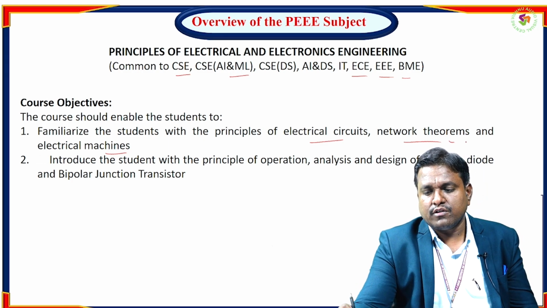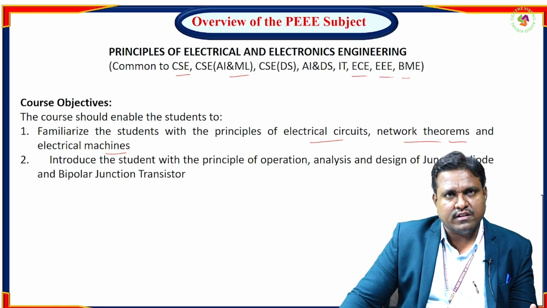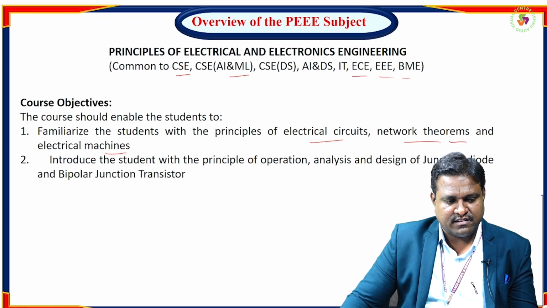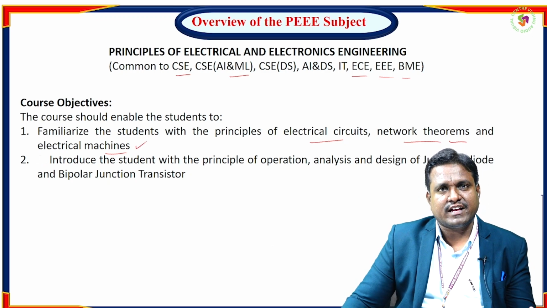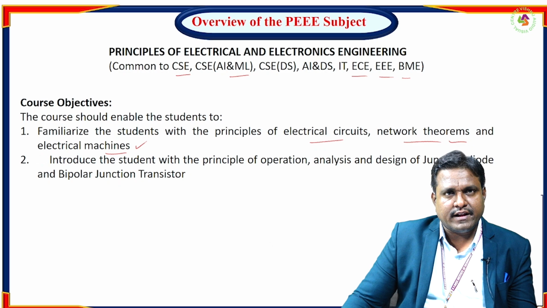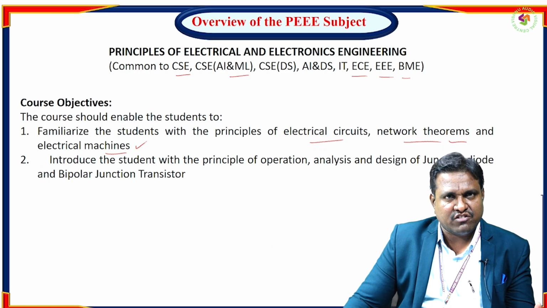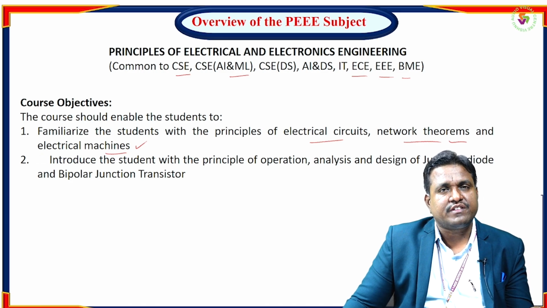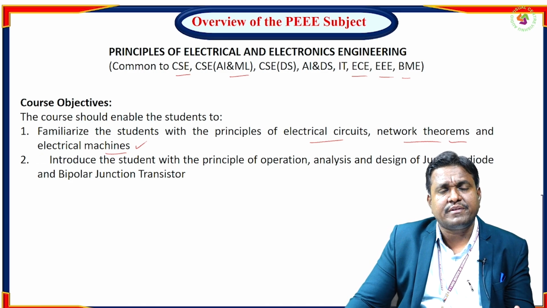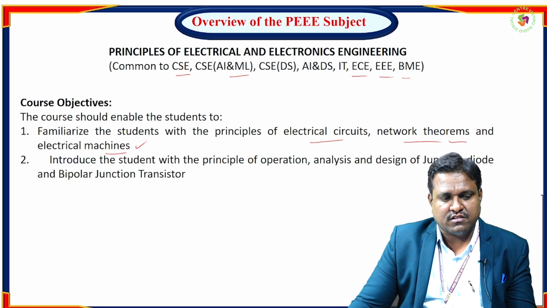There we are going to analyze the circuit and find the response in the circuit by various techniques. And the various types of electrical machines, we can see the generator, motor, the alternator, which we are going to see in our day-to-day life. So it is going to be very interesting for students and they should have a basic knowledge irrespective of the stream. That is the main objective of implementing this subject for all the branches.